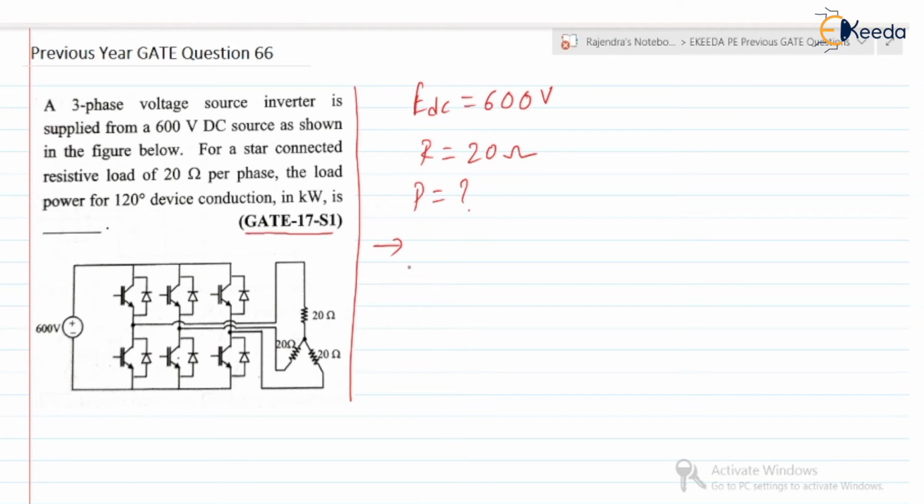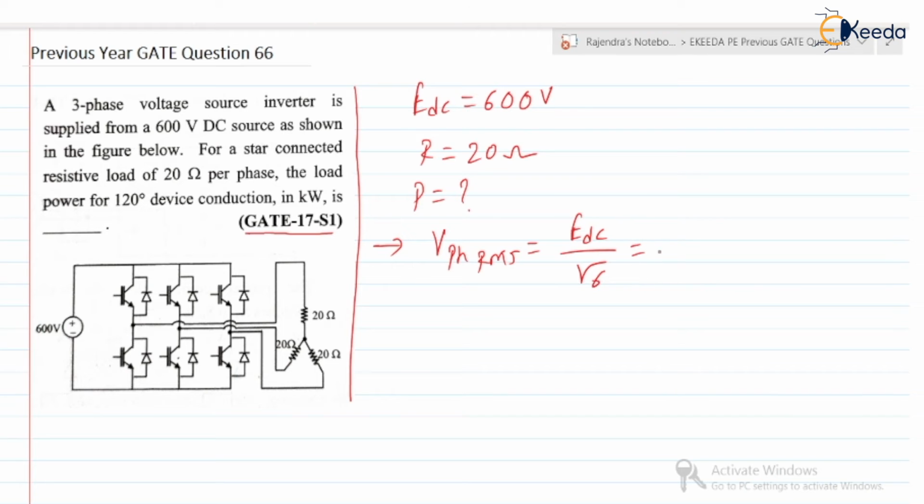So if you check the load power, we have a direct expression, or we have the per phase RMS voltage expression also. So what is V_PH, the RMS value of per phase voltage? Yes, it is equal to E_DC by root 6.